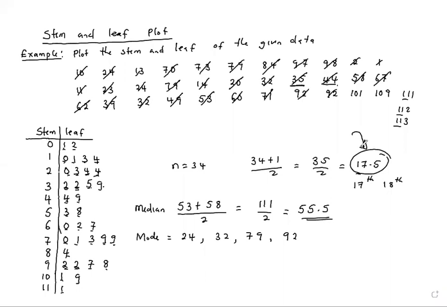Yes. Look, if n was 35, we would have said 35 plus 1 and divide by 2. This would have been 36 over 2, 18. And for sure, 18 is the middle number if you have 35 numbers.